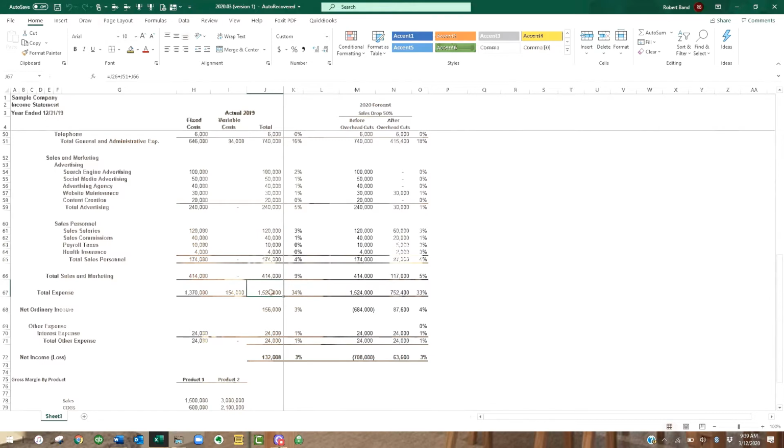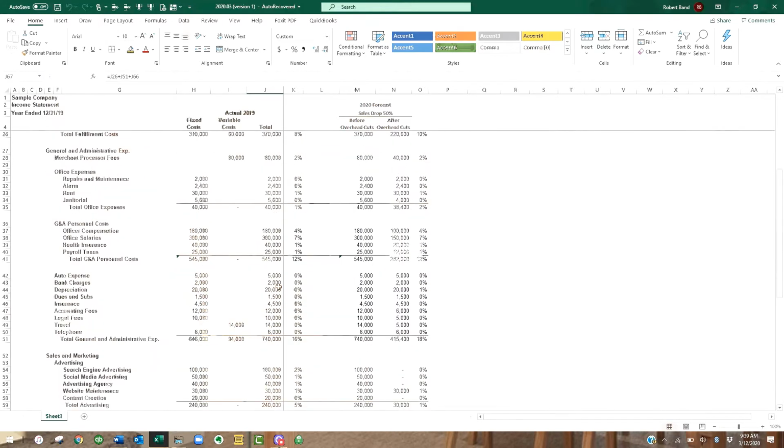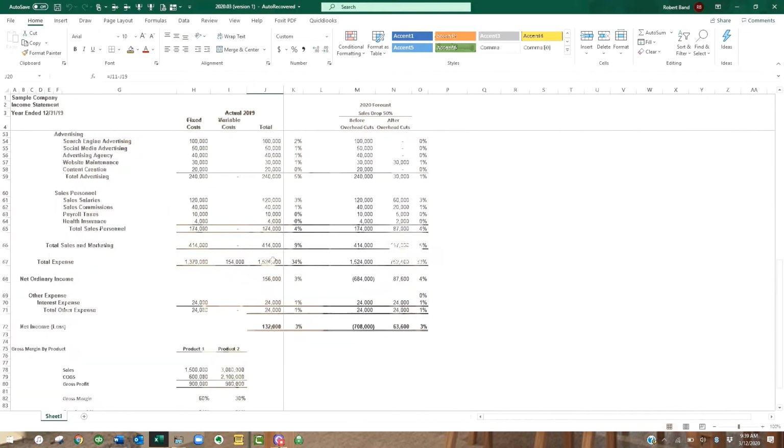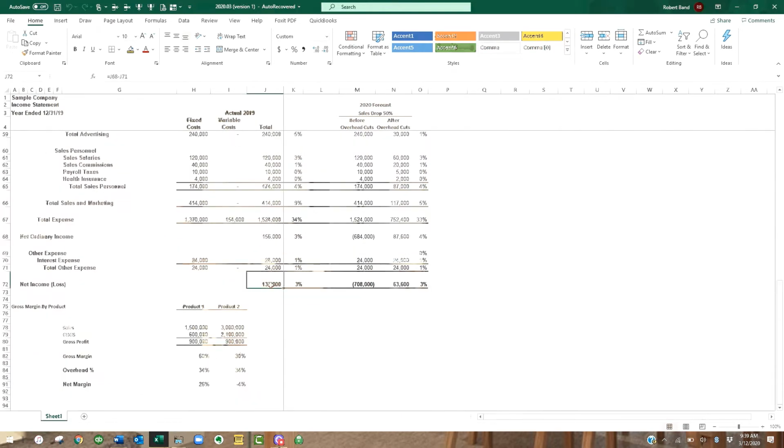So their total overhead is $1.5 million, and their gross profit was $1.6 million. So last year, for the full year, the company made $132,000.